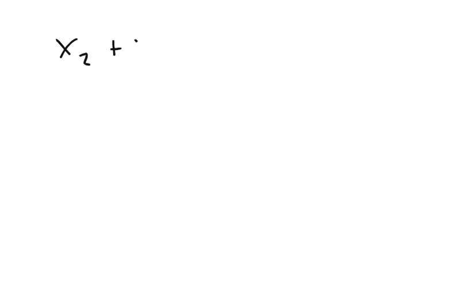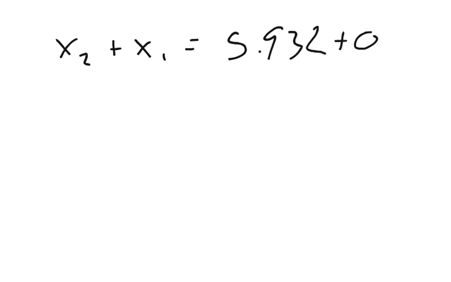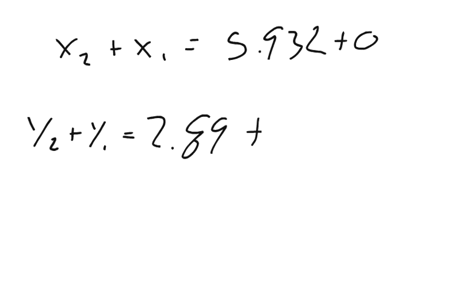x2 plus x1 equals 5.932 plus 0, and y2 plus y1 equals 2.89 plus 5 equals 7.89. So what does that tell me?